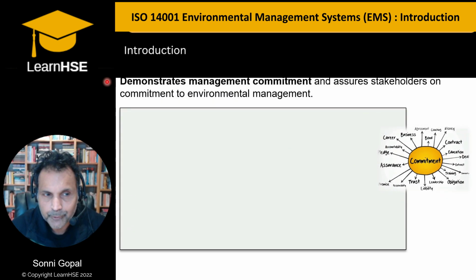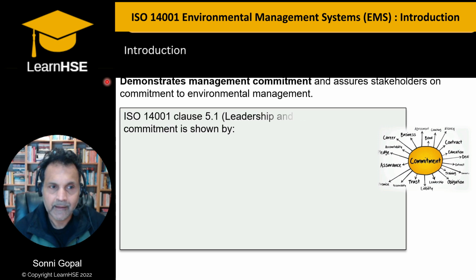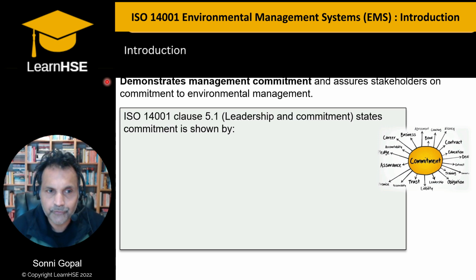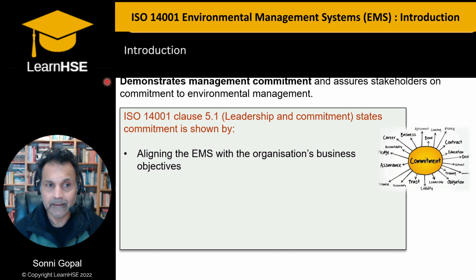Let's now talk about reasons, and here we're focusing on how we can demonstrate management commitment and assure our stakeholders. In ISO 14001 clause 5.1, which is all about leadership and commitment, it states that commitment is shown by aligning the EMS with the organization's business objectives.